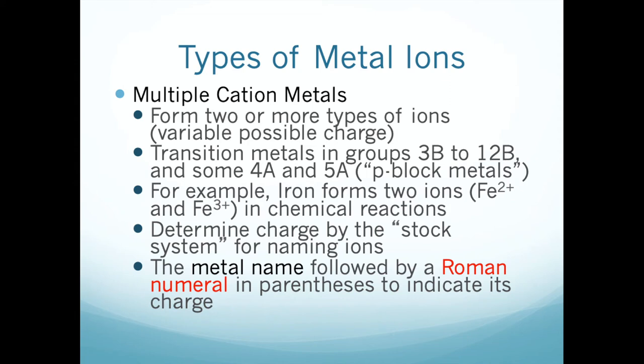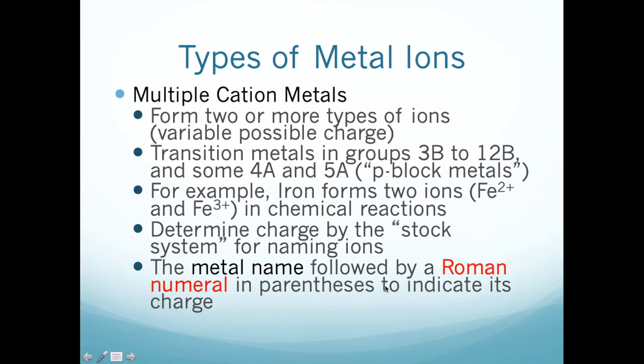So what do we do for the other transition metals, besides silver and zinc, that can form more than one ion? Remember, this is an interesting property of our transition metals. For example, iron comes in 2 forms. It can come in a +2 form or a +3 form.